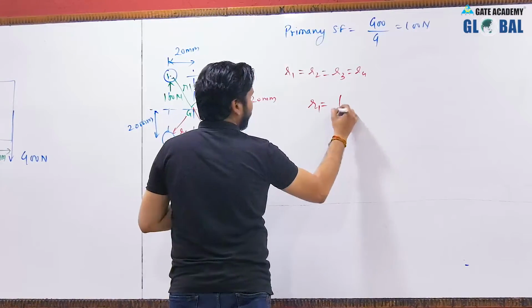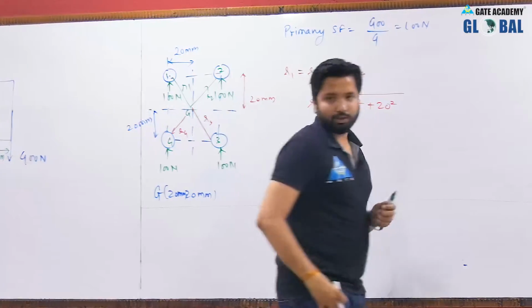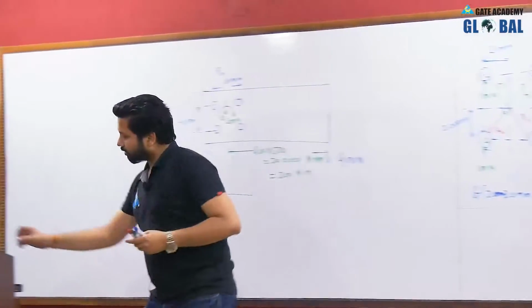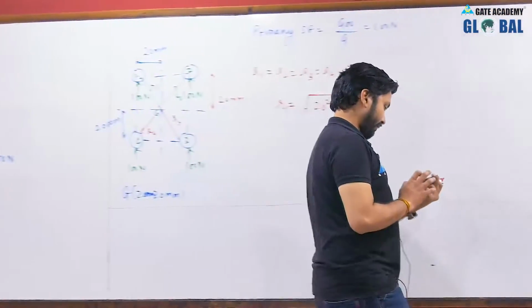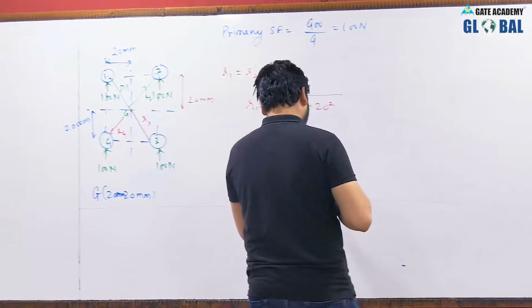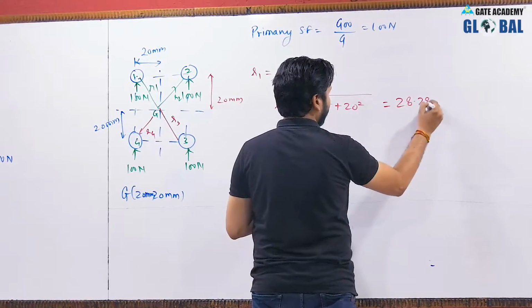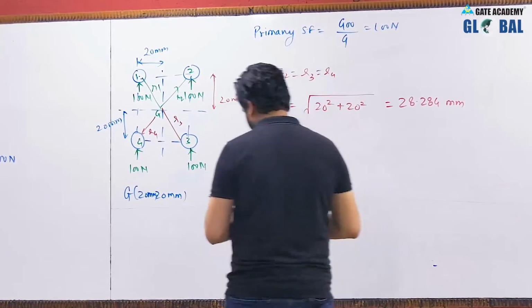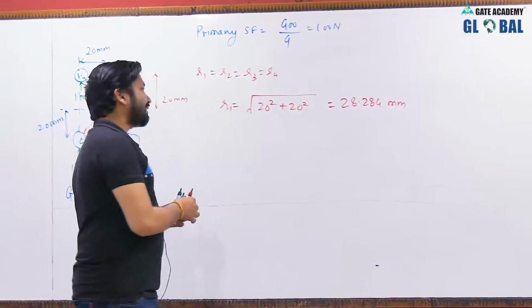That will be root over 20 square plus 20 square, so this will be 28.284 mm.